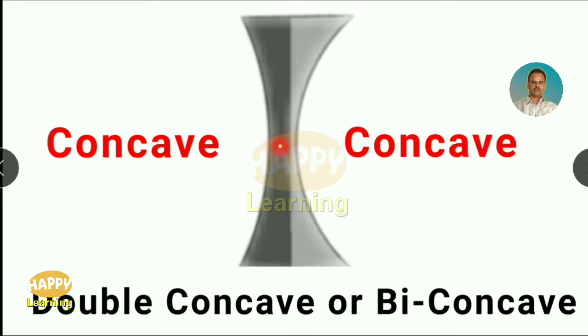So this surface is concave, and this surface is also concave. Double sides concave, so it is called double concave or biconcave. Bi means two.